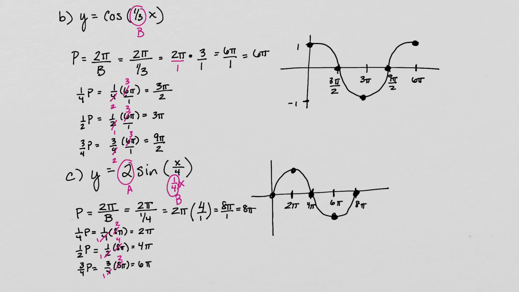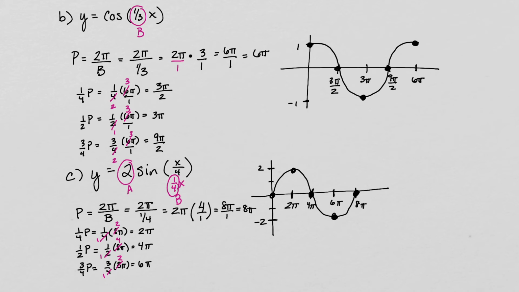But in this case, we changed the amplitude. So remember, there was a 2 here. So how high should it go? Yeah, it should go up to 2. So this point here is going to be 2, and this point here is going to be too low, so minus 2.